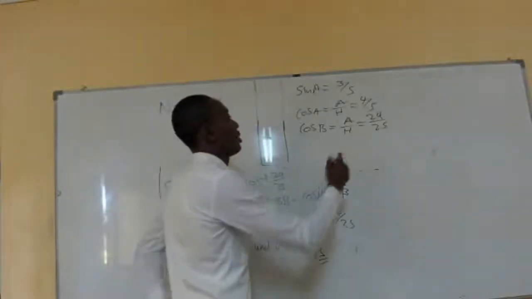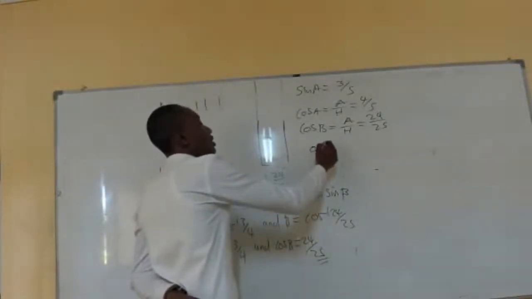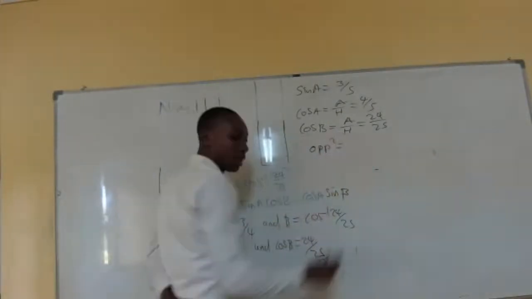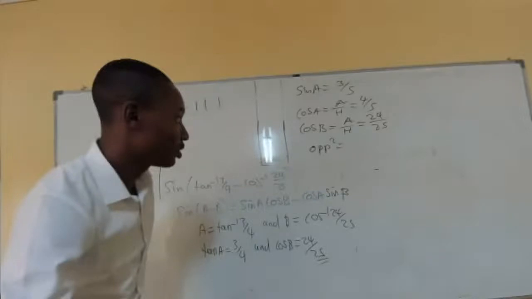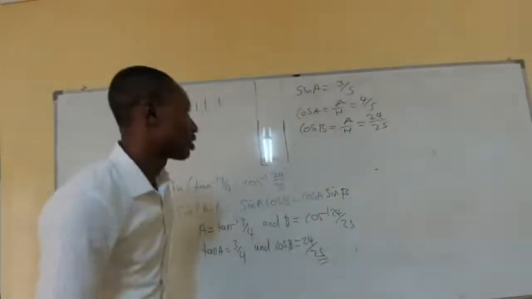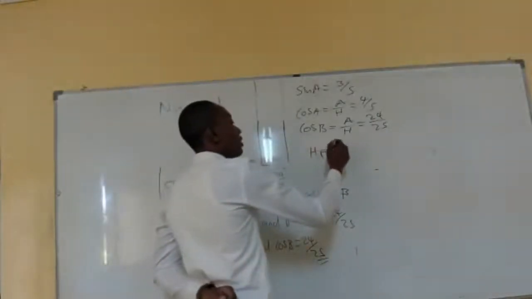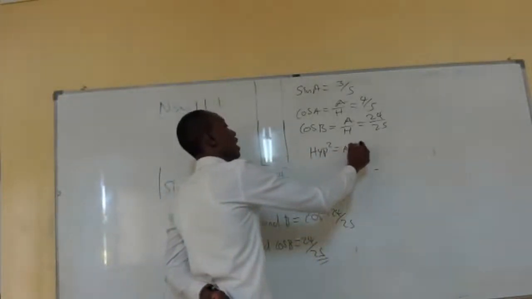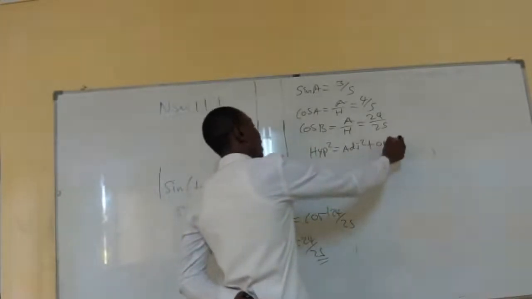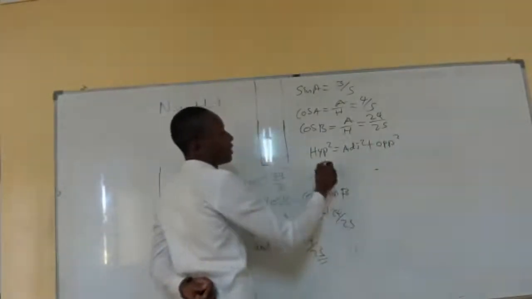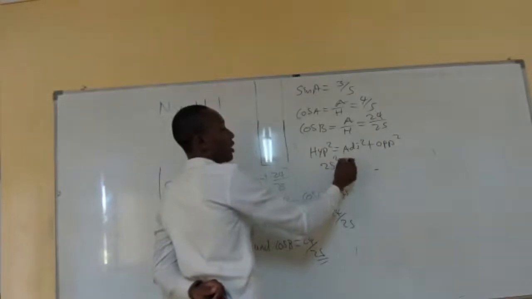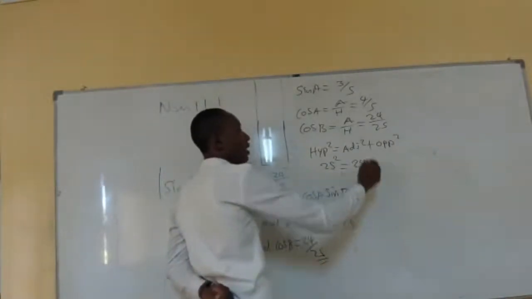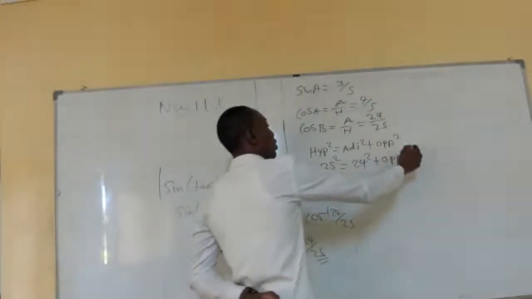In calculating for the opposite, let's continue using the Pythagorean theorem. Let's just say hypotenuse squared is equal to adjacent squared plus opposite squared, right? Hypotenuse is what we have as 25 squared. Adjacent is given as 24 squared, and what is missing is the opposite.